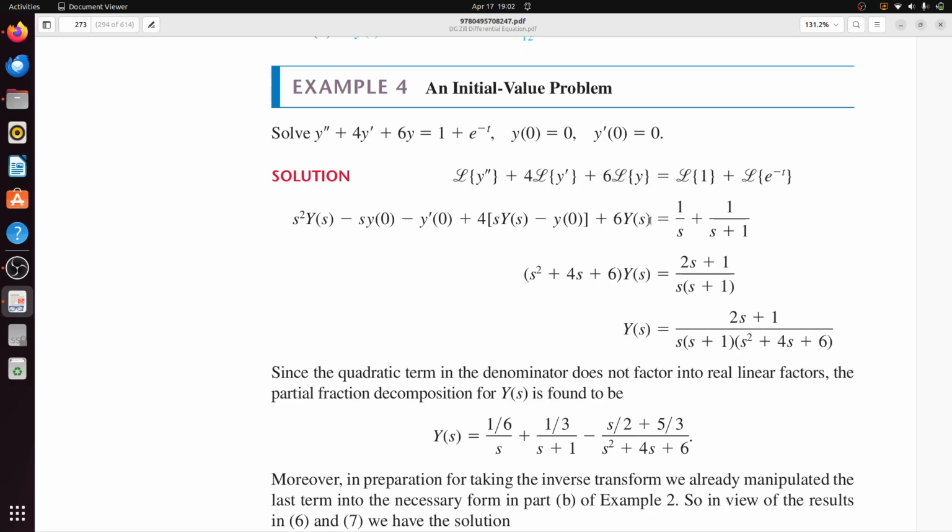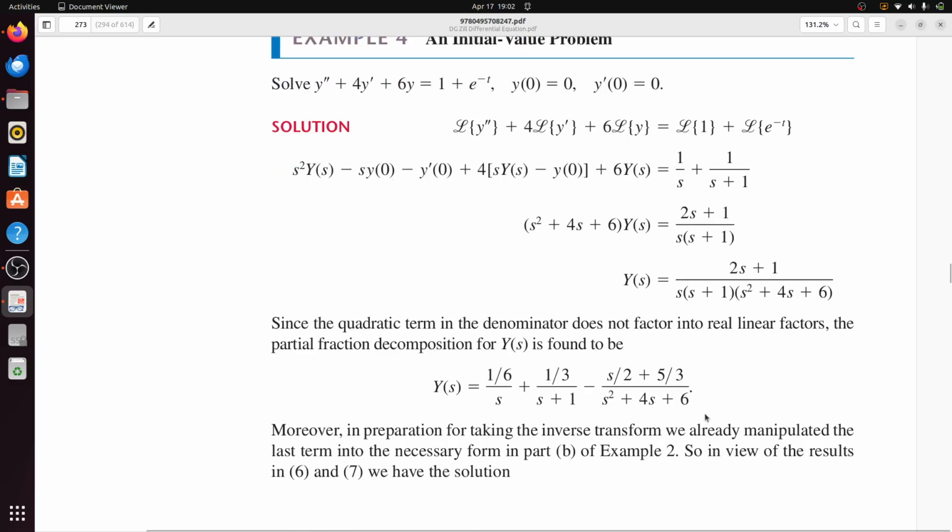Once again you divide by s square plus 4s plus 6, you divide it into partial fractions, and this s square plus 4s plus 6 can be written as s by 2 plus 5 by 3. You can compute it, and you have already manipulated and determined this. So while computing inverse Laplace transformations, this is just the inverse transformation of 1 by s.